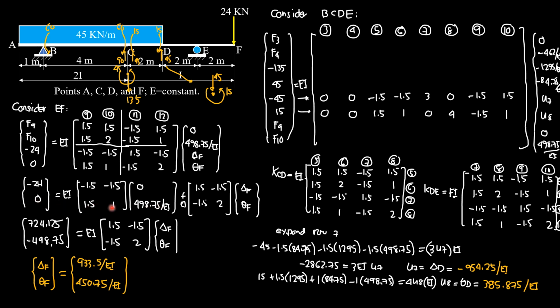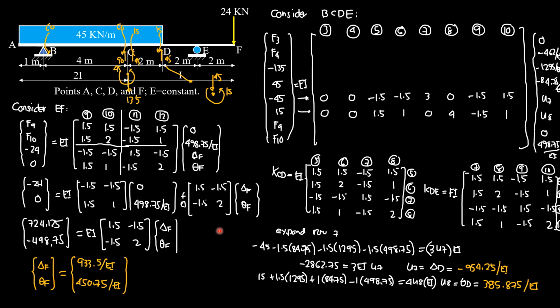So 0 minus 1 times 498.75 is negative 498.75 equals EI times this matrix times this unknown displacement matrix. So finally, we can solve delta F and theta F as the inverse of this matrix times this force matrix here. We'll get delta F 933.5 over EI and theta F 450.75 over EI.